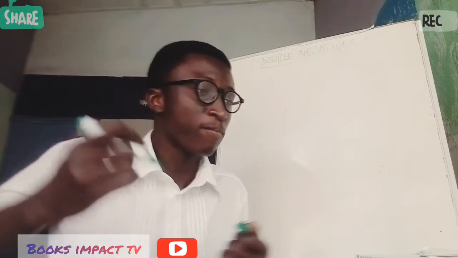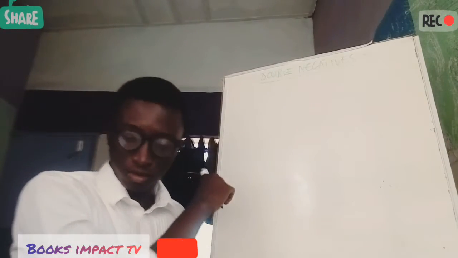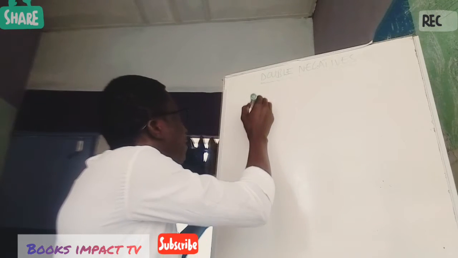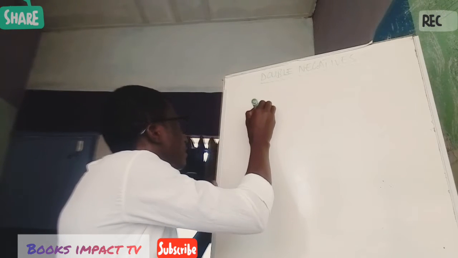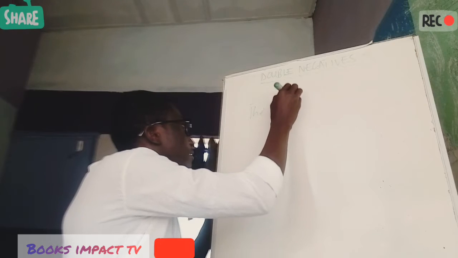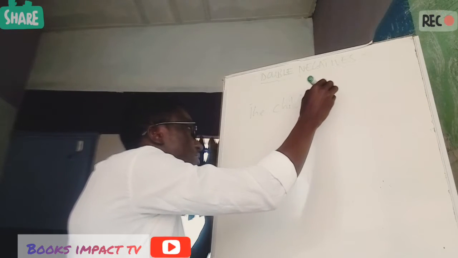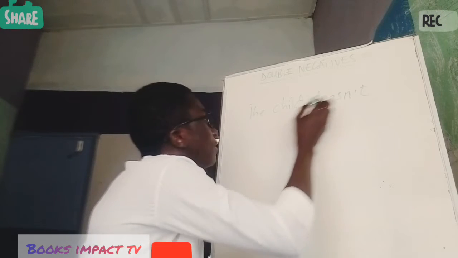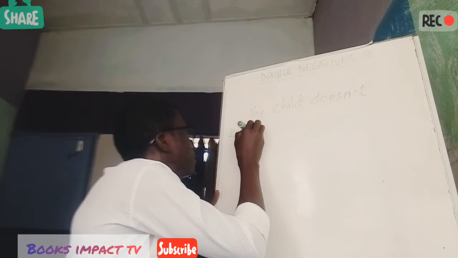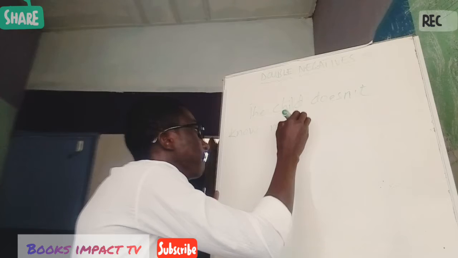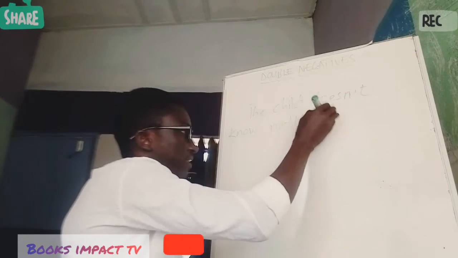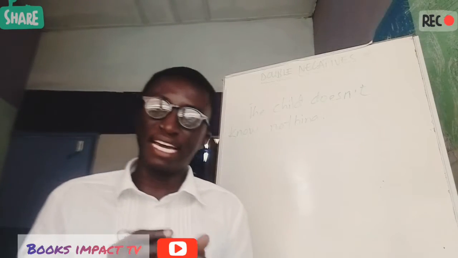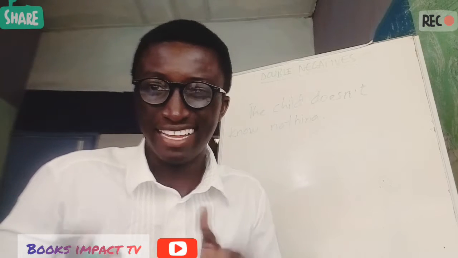So let us look at one particular sentence and see what the double negatives I'm talking about are. We have, let's say, "A child doesn't know nothing."